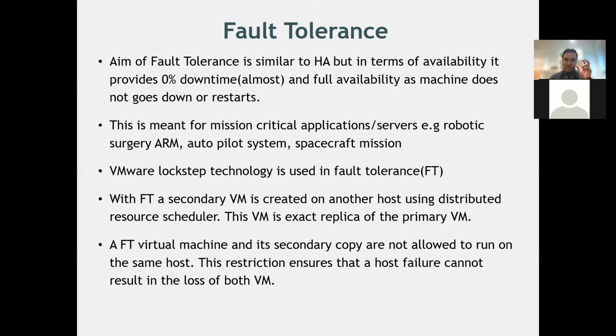If the primary VM is running on one physical host, then the secondary VM is made in another place, preferably in a different data center, so that if one crashes, the other will not crash. So they both are available.